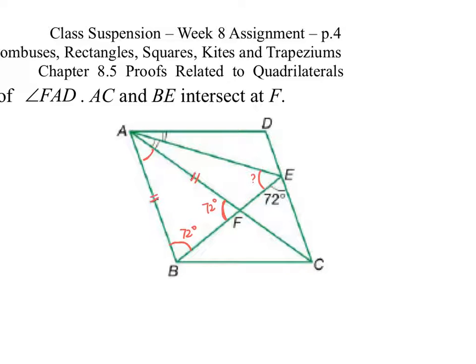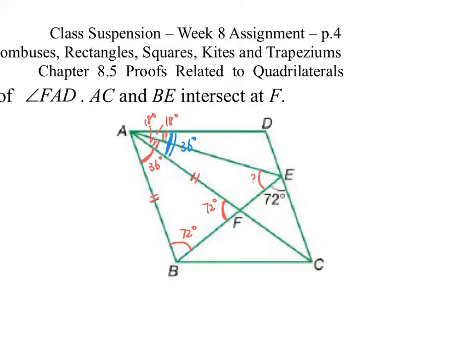Using angle sum of triangle, you can find out this angle easily, 36 degrees. And then, just now I said you can use the property of rhombus, so this angle is also 36 degrees. And then because given that angle FAE equals angle EAD, both of them would equal 18.